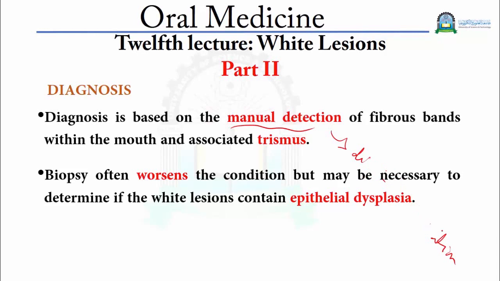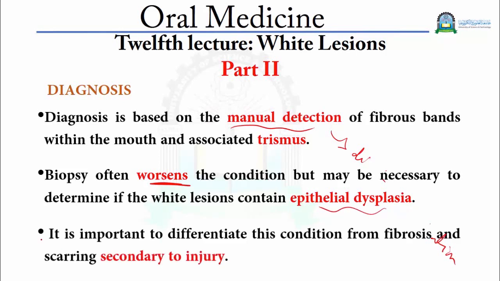tissue. The biopsy often worsens the condition but may be necessary to determine if there is a white lesion containing epithelial dysplasia. It's very important to differentiate this condition from fibrosis and scarring secondary to injury.